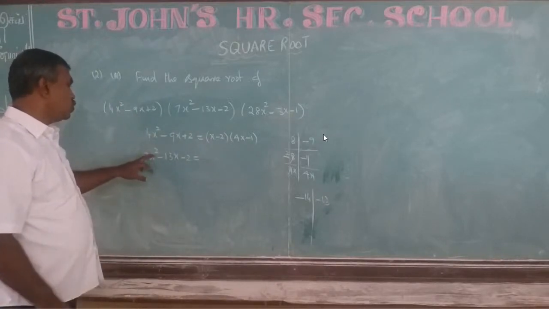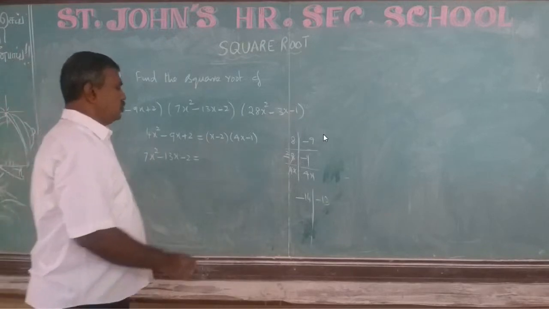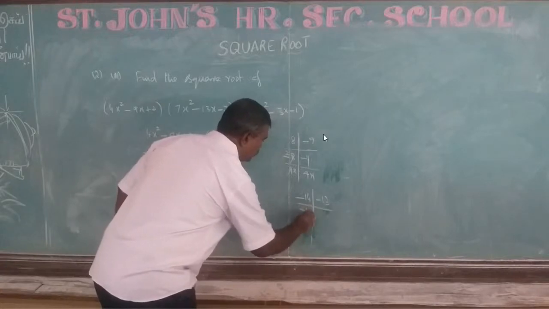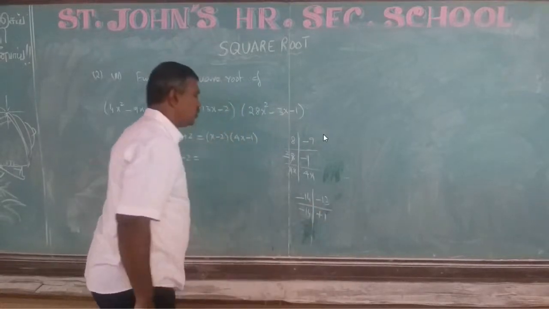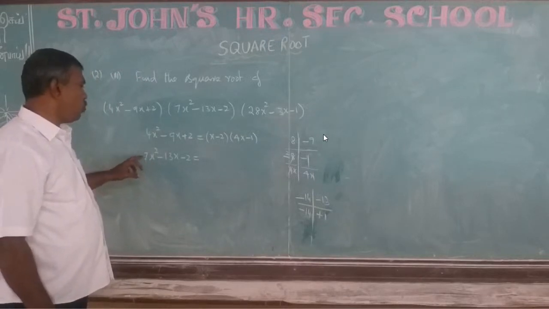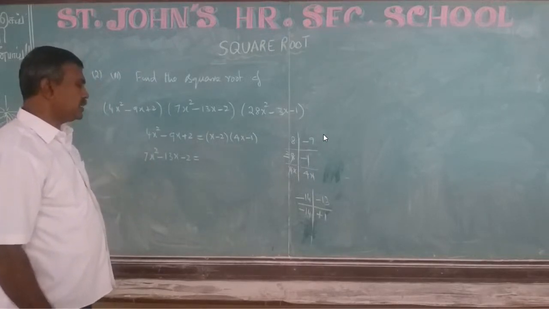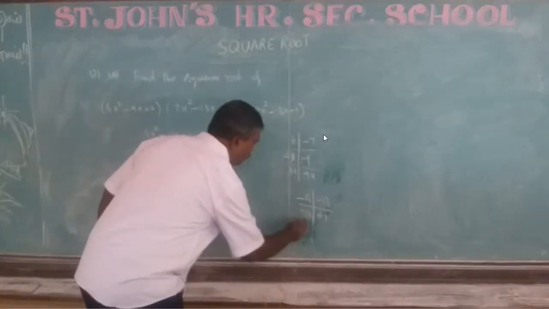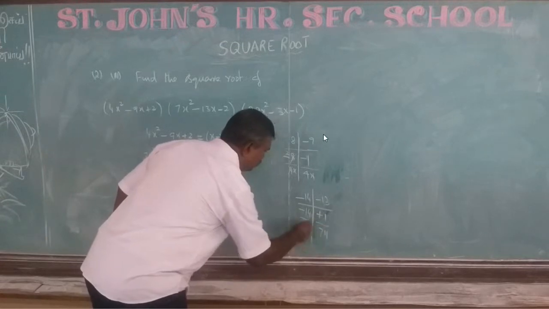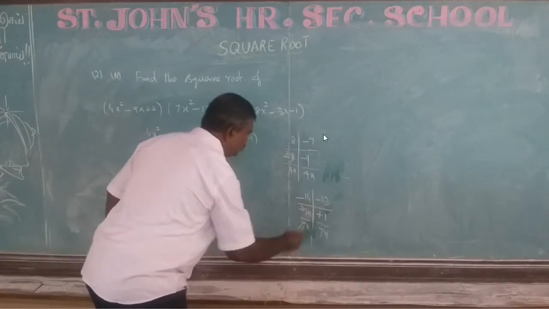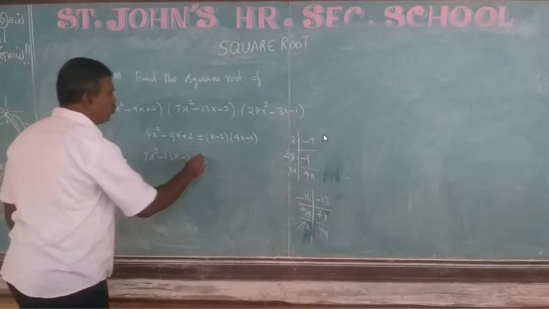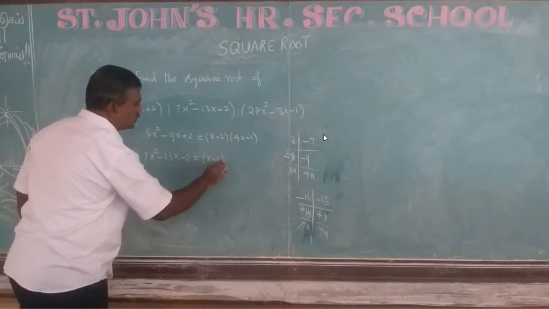We take two numbers, that is minus 14 plus 1. It is divided by 7x. That is equal to x minus 2.